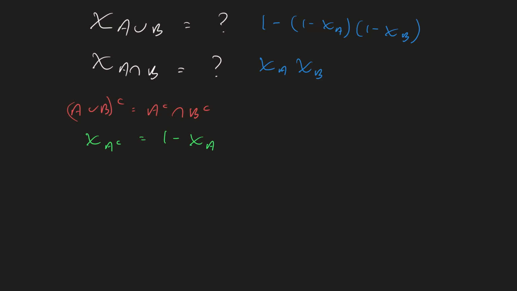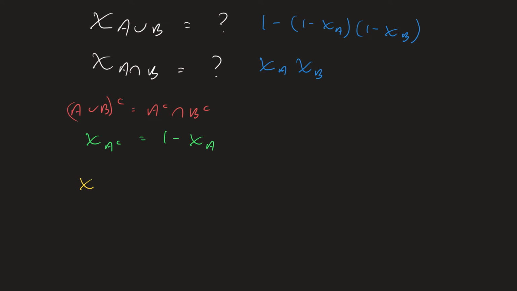And the characteristic function of A complement is 1 minus the characteristic function of A, which is this term here, and the characteristic function of B complement is 1 minus the characteristic function of B, which is this function here, and that gives us the characteristic function of the complement of A union B, and we want the complement of that, so we have one more 1 minus out the front.